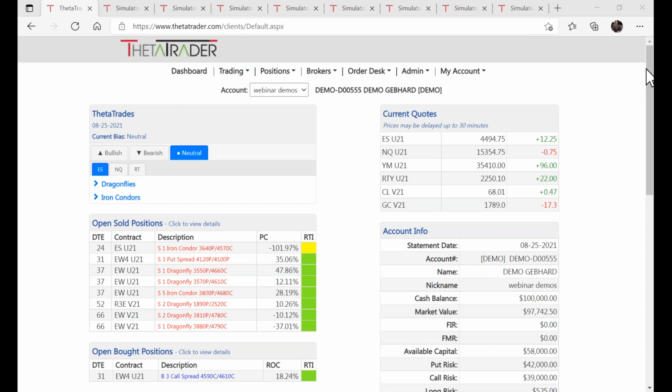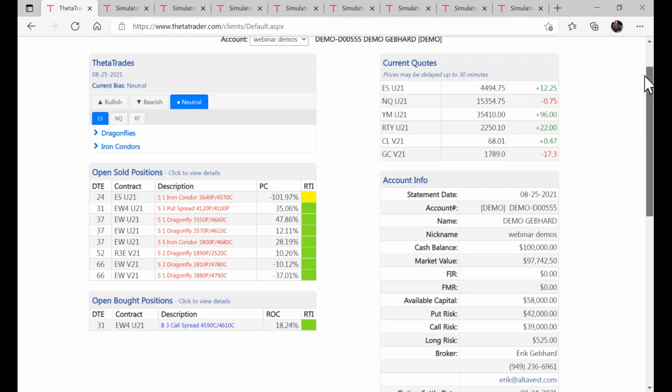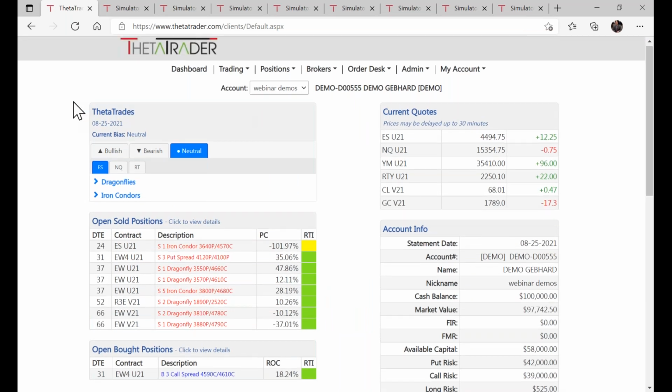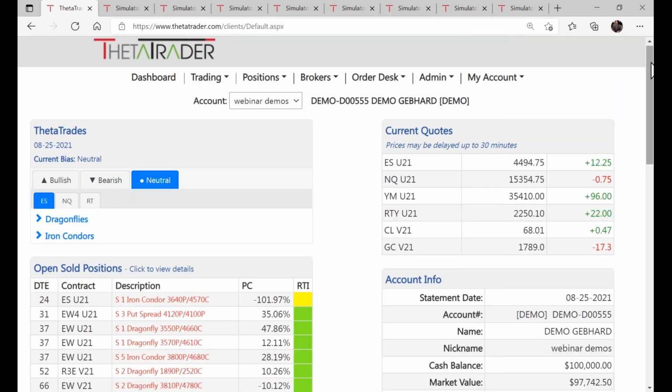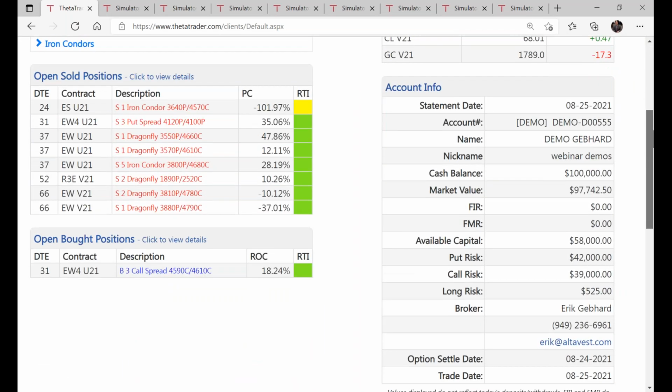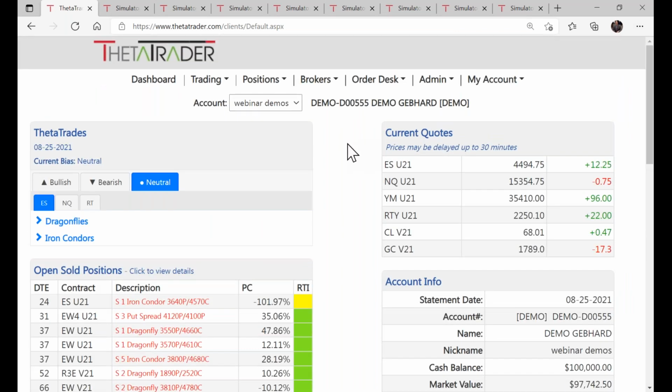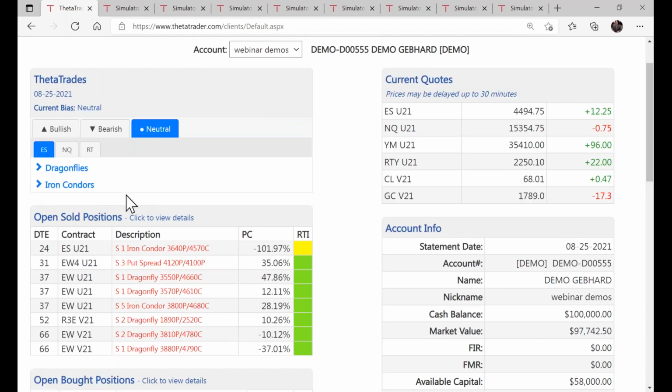All right, great. I believe you're all viewing the dashboard here of Theta Trader. And let me expand this just a little. This is a demo account I use for webinars. And very, very simple. Up here you see the Theta trades, and I'll explain that in a second.